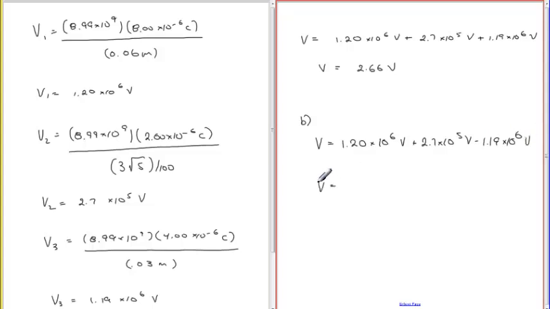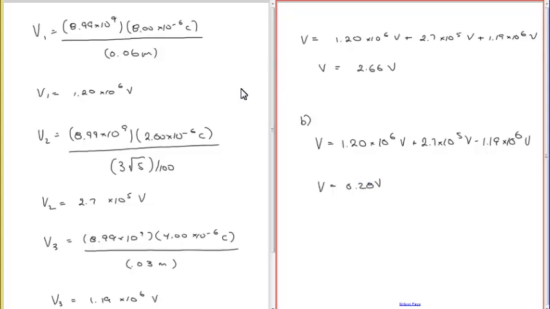And what I'm doing here is changing that to 0.27 times 10 to the 6, so I can just add the numbers. So I'm adding 1.2 plus 0.27 plus minus 1.19, and I get 0.28 volts.